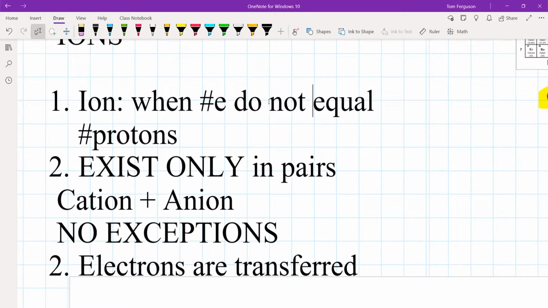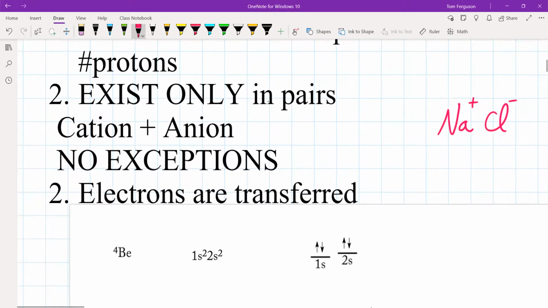Okay. For example, table salt. We have sodium chloride. Sodium is the cation, always listed first. The anion, the chloride, is listed second. Now, in an ion pair, the electrons are transferred from the, let's frame this.